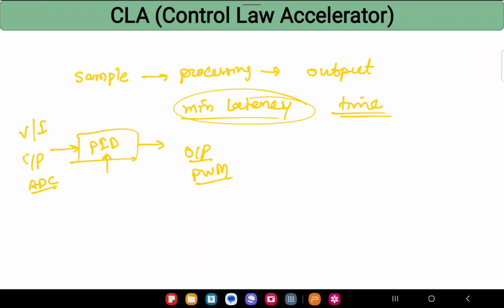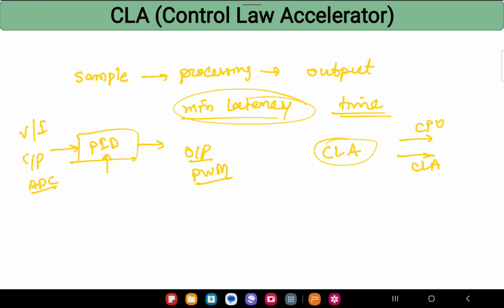Ideally this architecture would execute the time critical control loop concurrently with the main CPU. So CLA will perform all the activity in parallel with the CPU, right? And in addition, the architecture must have a built-in protection mechanism to guard against overcurrent and overvoltage conditions.